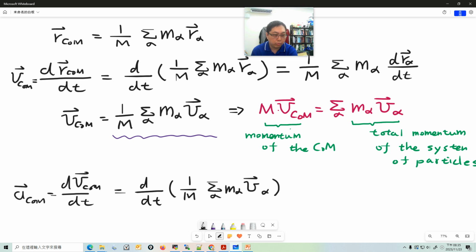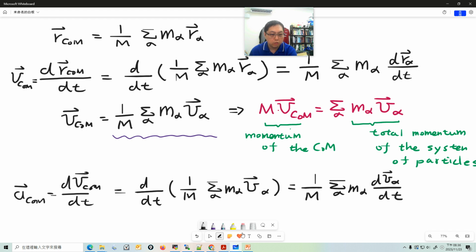We use the same procedure. Because capital M and the mass of each particle are constant in the system, we factor them out. So we will obtain 1 over M times the summation over alpha of m_alpha dv_alpha/dt.